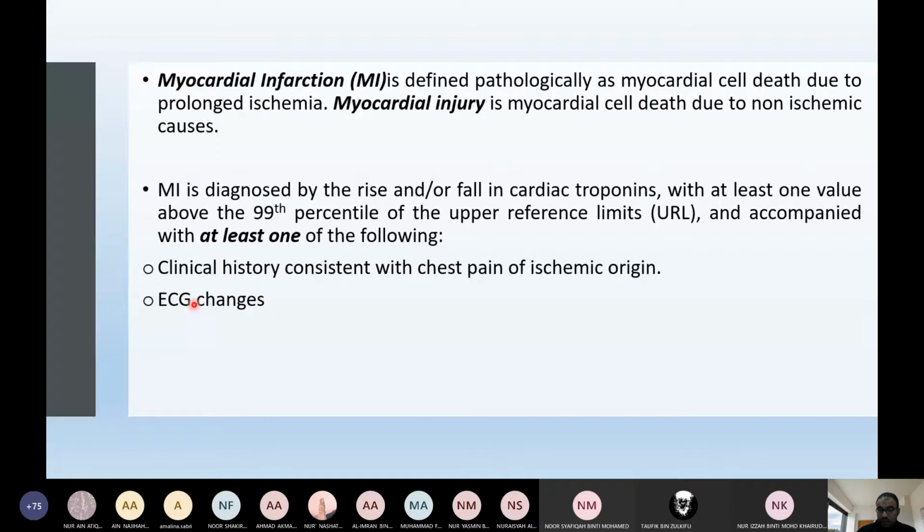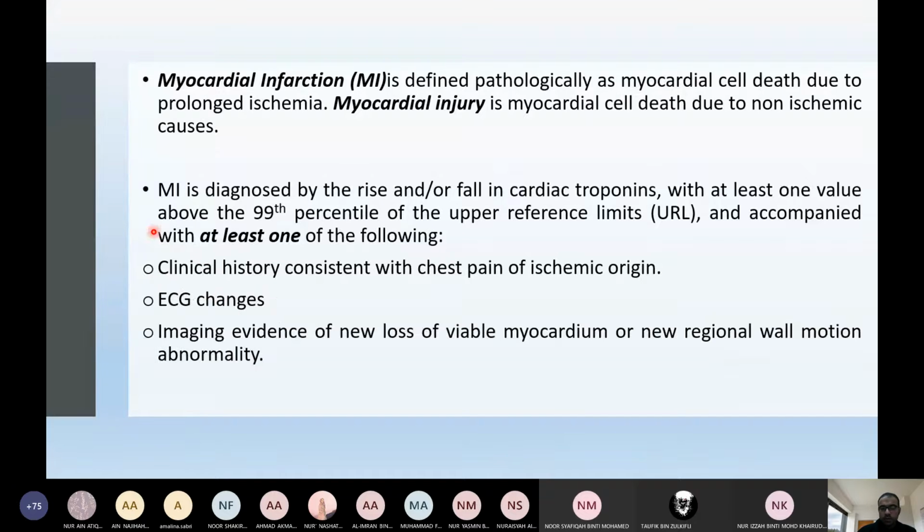Then the ECG changes, either depression or elevation, based on the clinical type, and the imaging evidence of new loss of myocardium, the tissue damage, which can appear as loss of certain tissue or abnormal parts in other tissue trying to remodel or compensate.